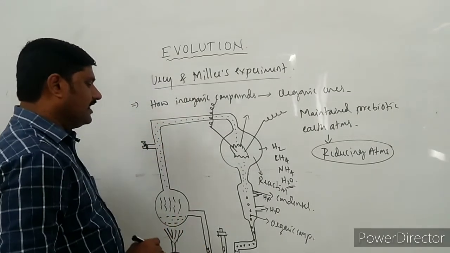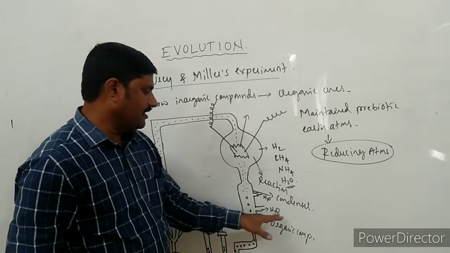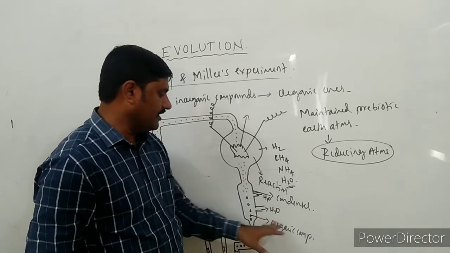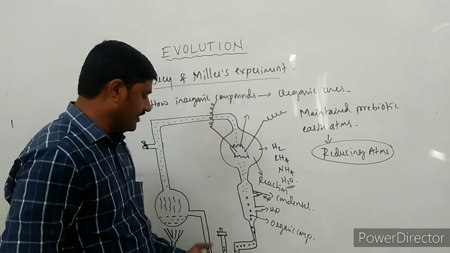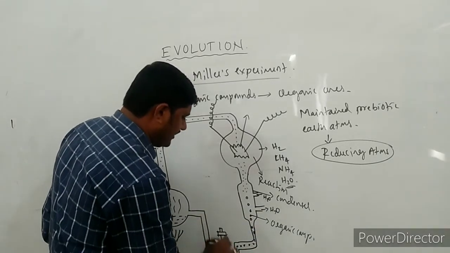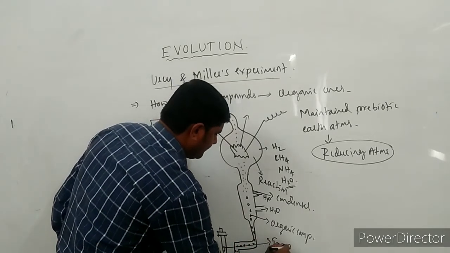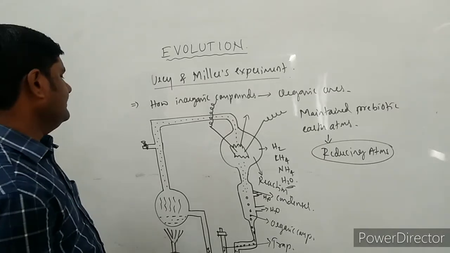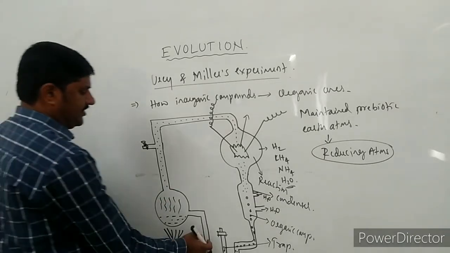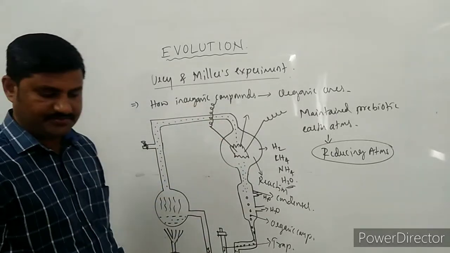Okay. And whenever this substance, water vapor or water with organic compounds, was caught inside this trap, what is this called? This part itself is said to be the water trap. So the experiment was repeated several times.